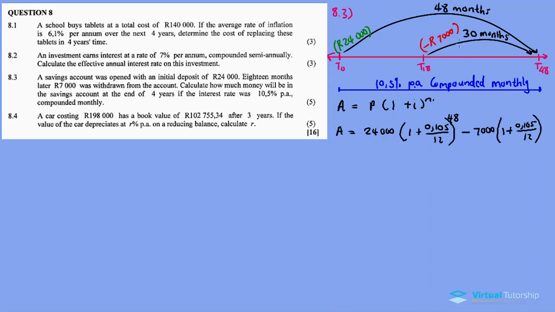Ngoba this reduced balance, it's going to stay in the savings account for a period of 30 months, which is 48 minus 18. So lana it's going to be 30.